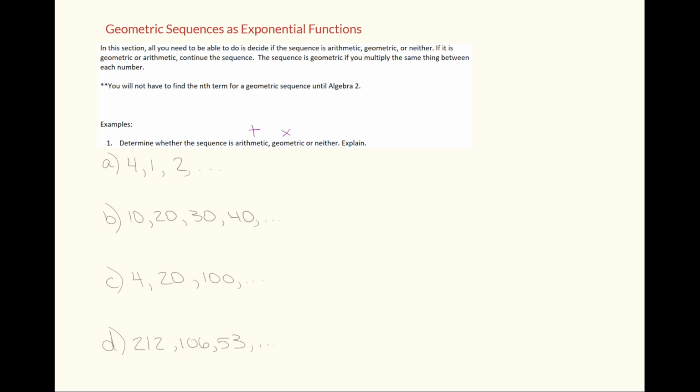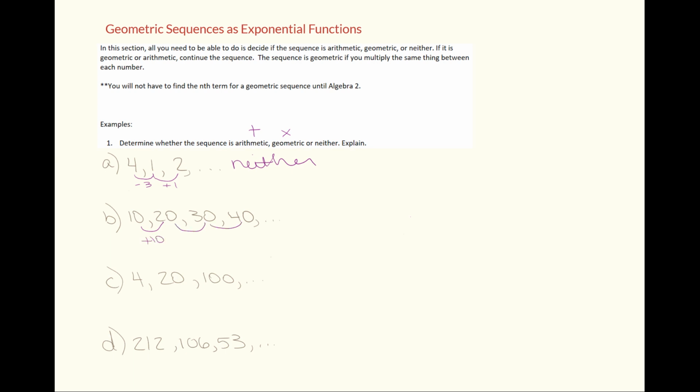In A, we are going from 4 to 1, so that would be subtracting 3. And then we're adding 1. So that's neither. There is no pattern there. In B, going from 10 to 20, that could either be multiplying by 2 or adding 10. And then 20 to 30, 30 to 40.